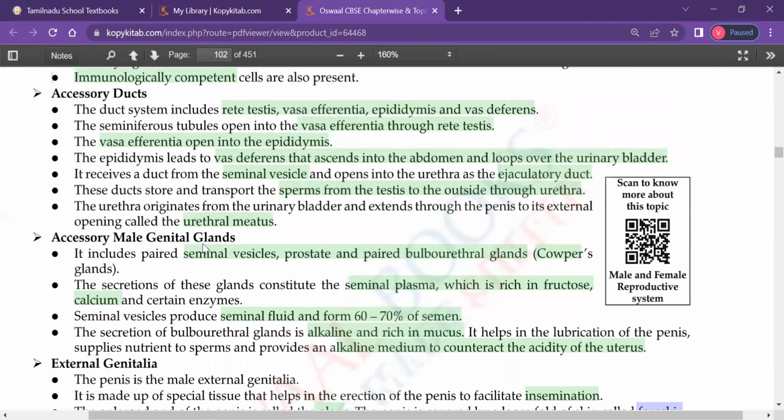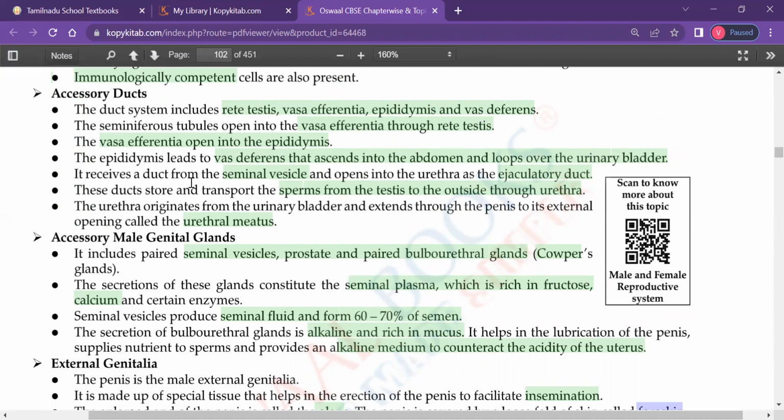So when we go through this again, the duct is made up of rete testis, vasa efferentia, epididymis, and vas deferens. Seminiferous tubules open into vasa efferentia through rete testis. Vasa efferentia open into the epididymis. The epididymis leads to the vas deferens that ascends into the abdomen and loops over the urinary bladder.